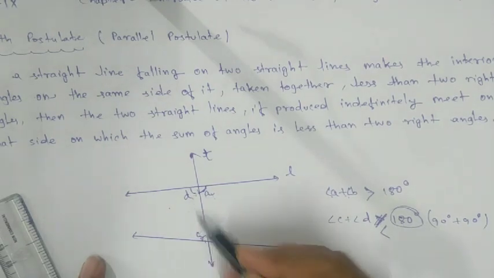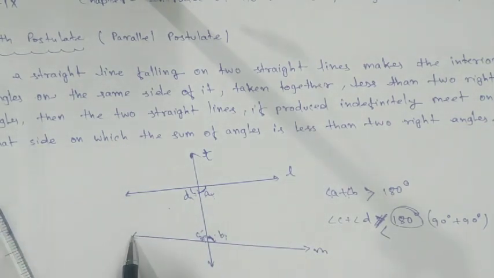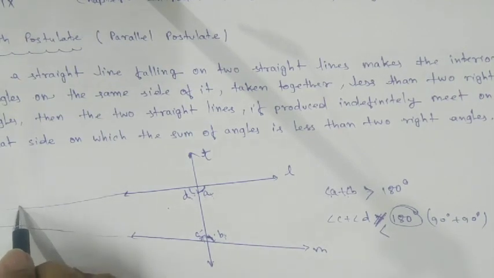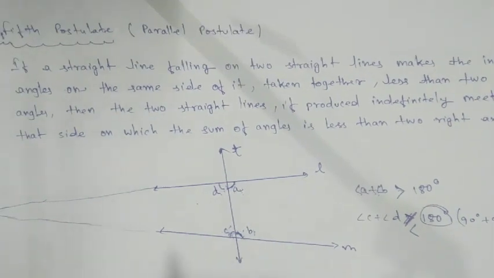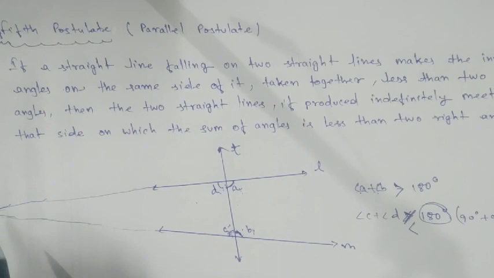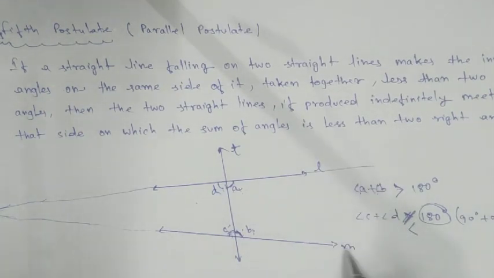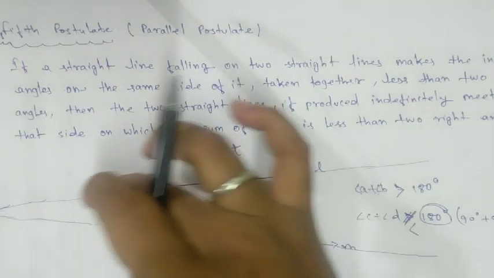If you sum the angles on this side and you get less than 180 degrees, then what they are saying is, if you extend this side infinitely, in future somewhere they will meet. But you can see on the opposite side they will never meet. They will extend. See here, diverging, and this is converging.